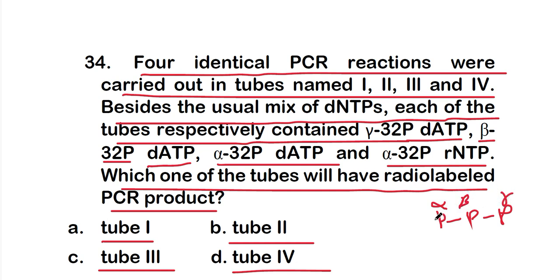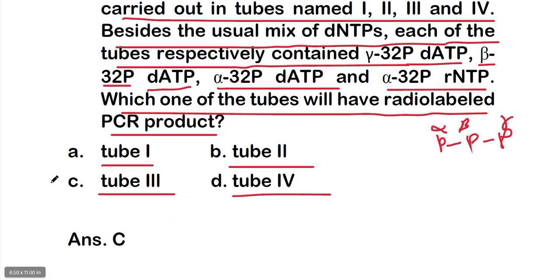In the DNA strand, the alpha phosphate will enter, so we will get the radiolabeled isotope of alpha P32 dATP, which is present in tube 3. So the right answer is C, tube 3.